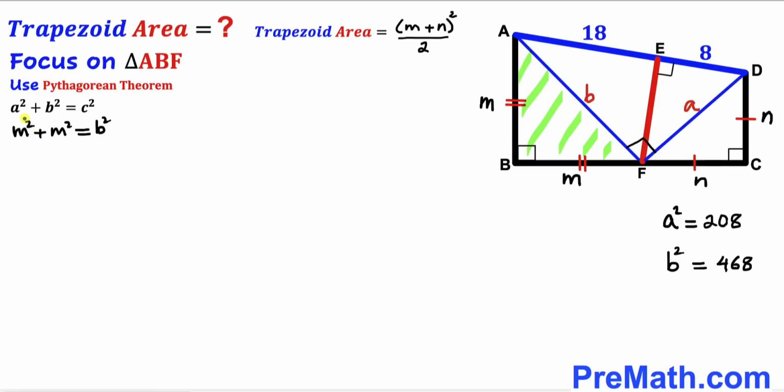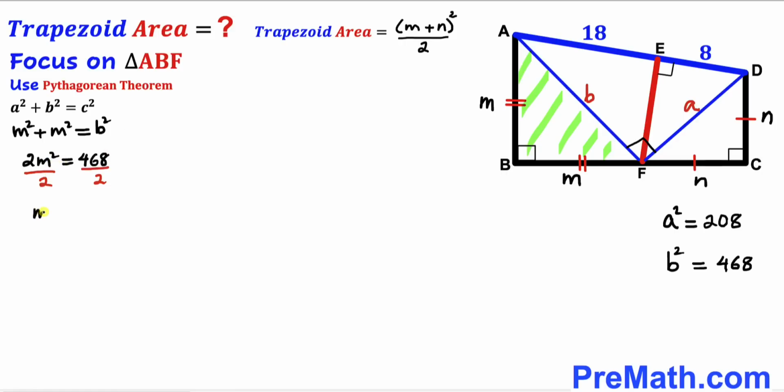And now we can see m square plus m square is going to give us 2m square. And we know our b square value is 468. So I'm going to substitute that value 468 over here. So therefore we can write 2m square equals 468. Let's divide both sides by 2 to isolate m square.